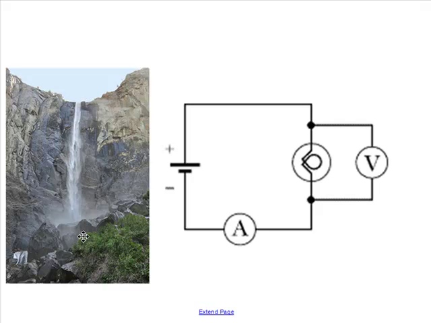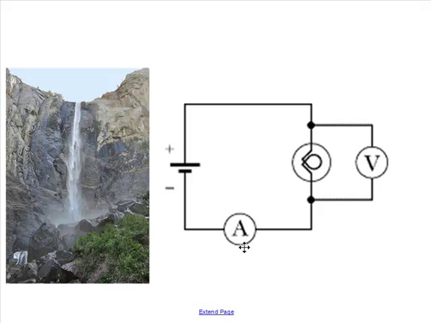Which means if I need to know the voltage or energy change per unit charge, I need to measure both before and after the circuit element. So a voltmeter always goes in parallel with the thing we're trying to measure. Okay? Parallel, we look to get the same height. When we have two things in parallel, they have the same voltage drop. So this will have the same voltage drop as the light bulb.